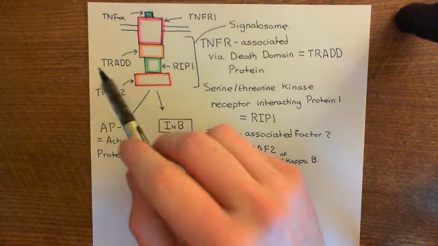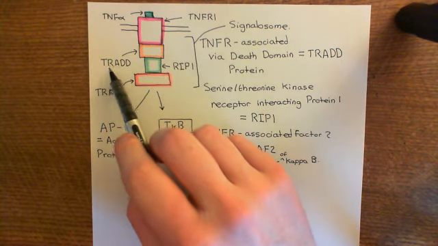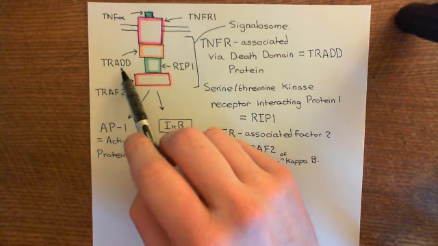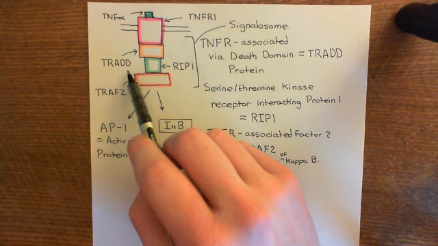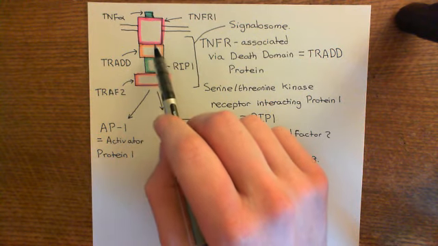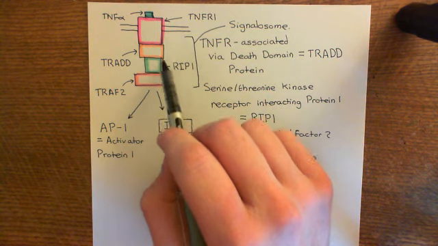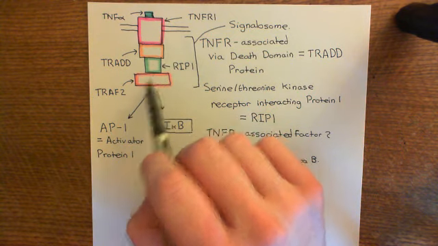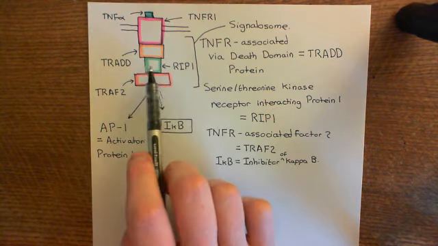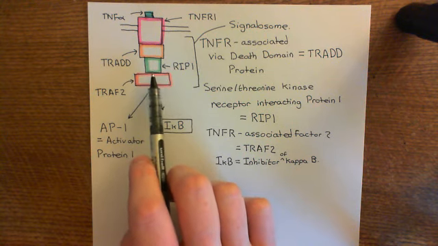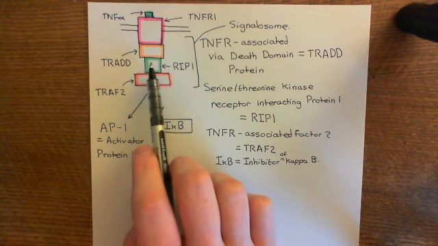Okay, and this next protein is the tumor necrosis factor receptor associated via death domain protein, or the TRADD protein. Once the TRADD has bound to the tumor necrosis factor receptor 1, then the serine threonine kinase receptor interacting protein 1, RIP1, will then also be recruited.